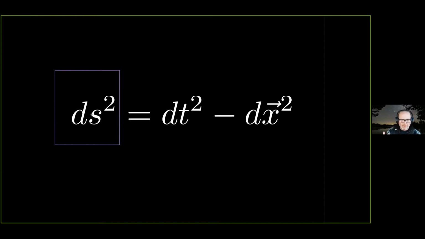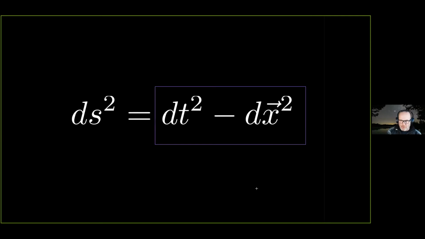This is the four-dimensional space-time equivalent of a length. That is, along a path through space and time, an observer sees a time pass ds that is given by this expression here, which is just dt squared minus dx squared, right? So this is the standard Minkowski line element.